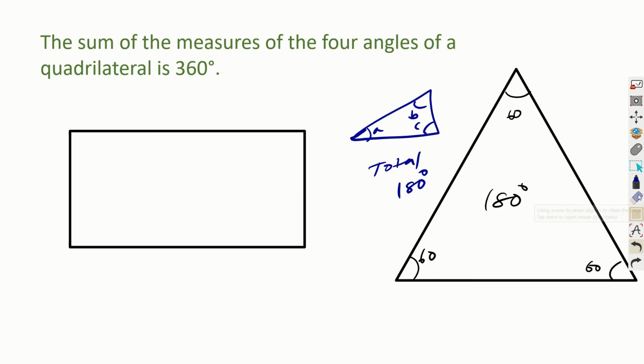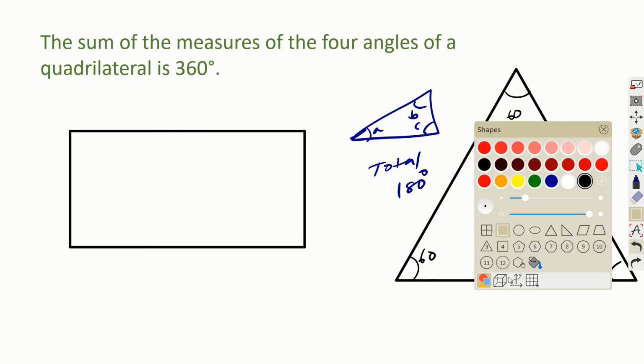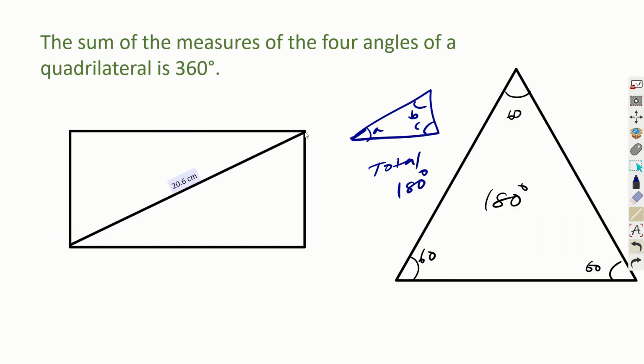If I draw a diagonal like this, this makes the quadrilateral. If I name this quadrilateral as A, B, C and D, BD is a diagonal. There are two triangles here: triangle ABD and triangle CDB.